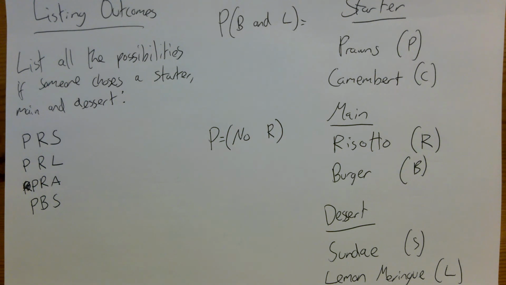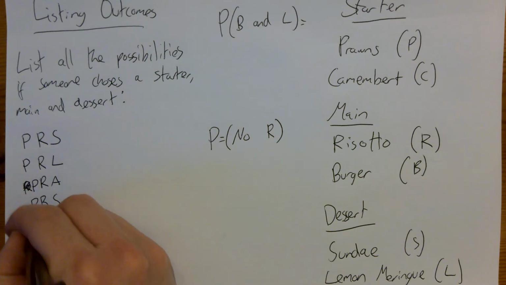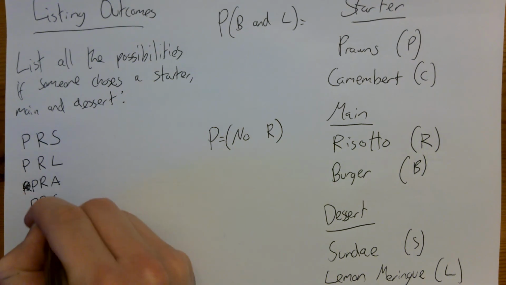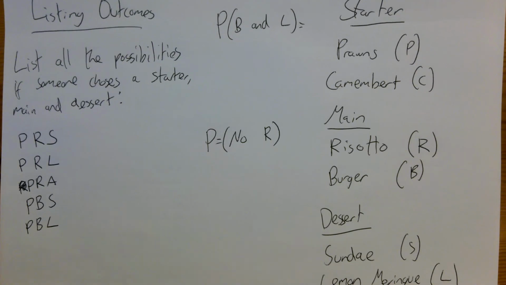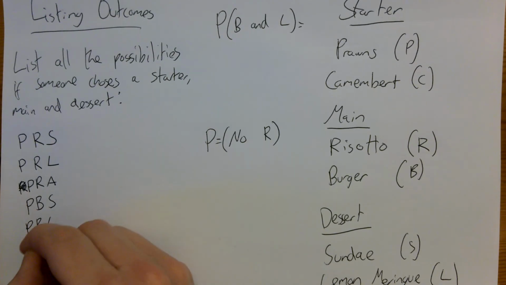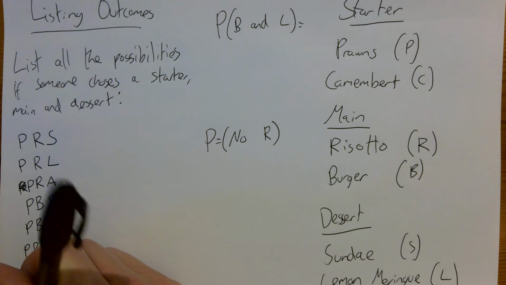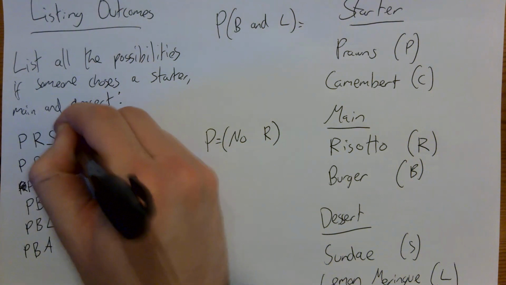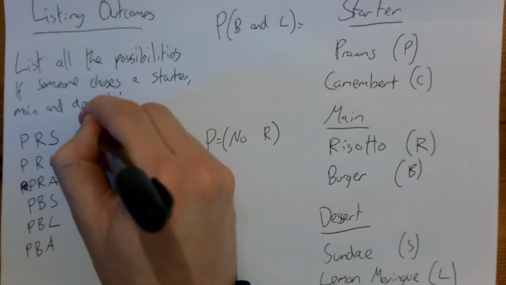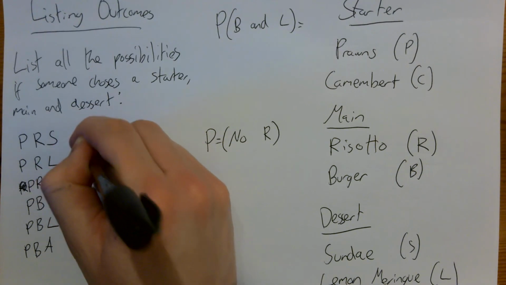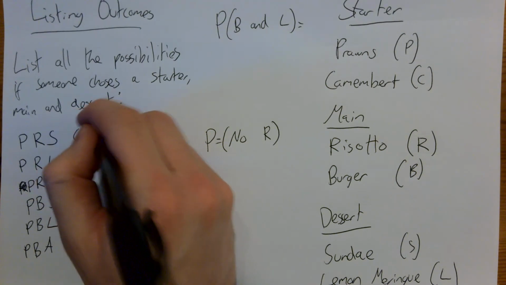Okay, so I hope you had a go at that. So I got to prawns, burger, sundae. I'm going to do them all in order really clearly so I don't miss any. They could have had prawns, burger, lemon meringue, or prawns, burger, apple crumble, or they could have started with camembert. They could have had camembert, risotto, sundae.